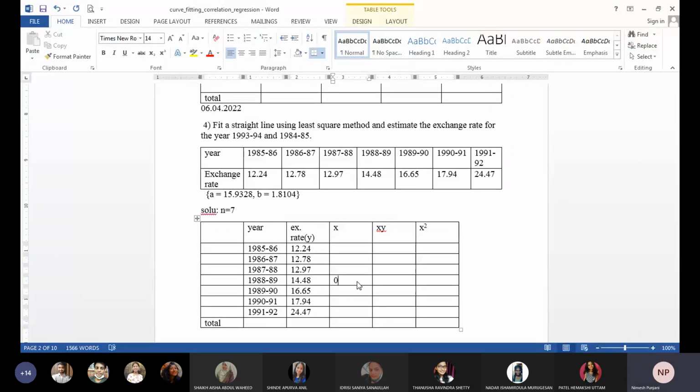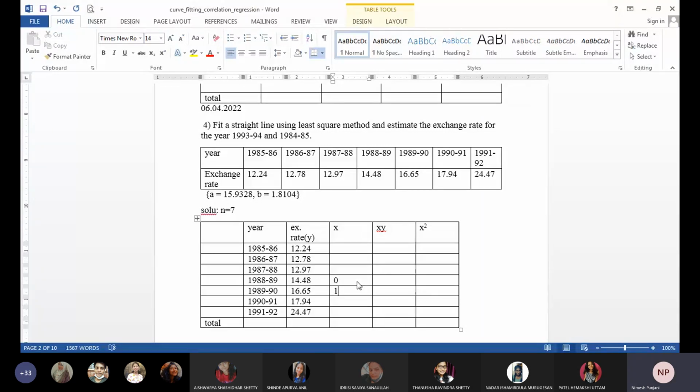So here n is 7, so 7 plus 1 divided by 2, that turns out to 4. तो fourth observation का value अपने को 0 लेना है. Sir, yes sir, n का वैल्यू कैसा लिया? n is the total number of observations. ओके सर. कि जो टेबल में दिया हुआ है ना अपने को 7 observations. हाँ सर समझा.